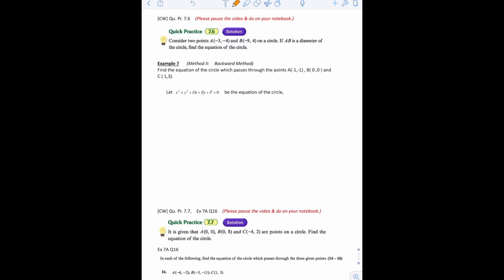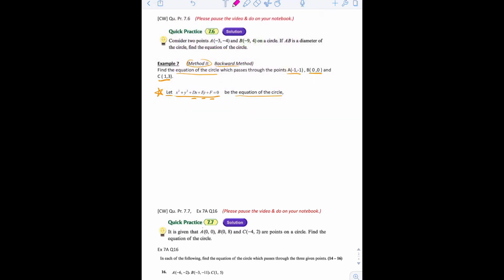For this question, you have to find the equation of a circle again, which passes through the points A, B, and C. And for this case, we will use the backward method, method 2, to try. A very important step of using this method is to let the equation be in general form. And we have the unknowns D, E, F. These are the three unknown constants that we have to solve to find the equation of the circle.